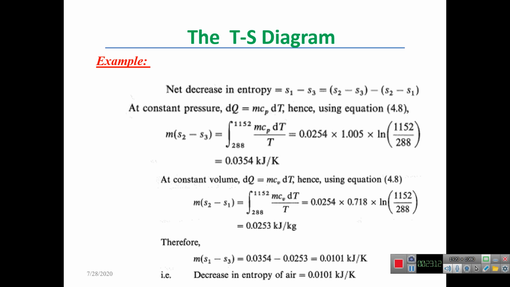Now, therefore, m into S1 minus S3 from the equation on the first line of this slide is simply equal to, as we said, S2 minus S3 times m.